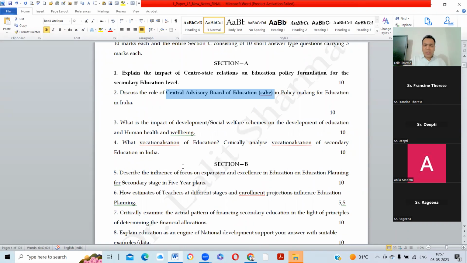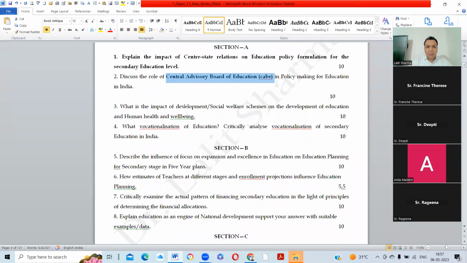Right? Third question, guys, you can see in your last year paper: impact of development of a social welfare scheme. What are social welfare schemes? You know, they are given by the government to needy persons, right? India is a welfare state, so it is the responsibility of the Indian government to provide things to needy persons.